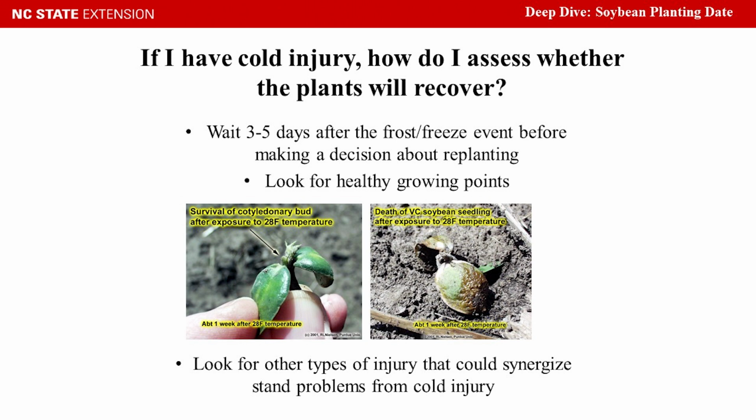Even if it killed some of the new growth off the cotyledons, the cotyledonary node can send out new growth after tissue has died in those circumstances. And so you really need to wait a few days before you make a replant decision following cold conditions. So in summary, yes, freeze and frost is a risk. It's not a risk we've realized very often in our early planting situations.